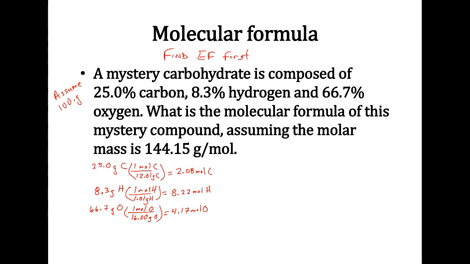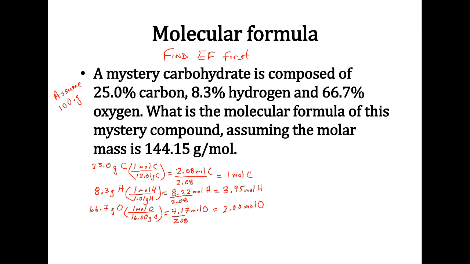So now we need to divide by small. So the smallest number of moles here is 2.08. All right, so whenever we go through and divide by 2.08, we end up with 1 mole of carbon, 3.95 moles of hydrogen, and 2 moles of oxygen.